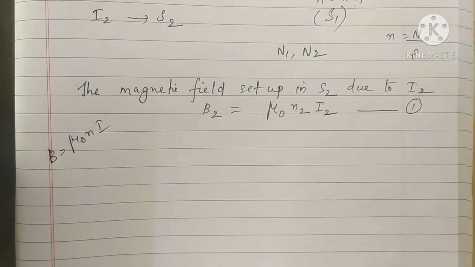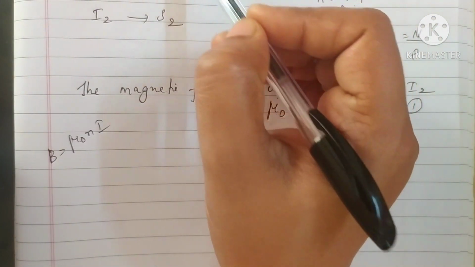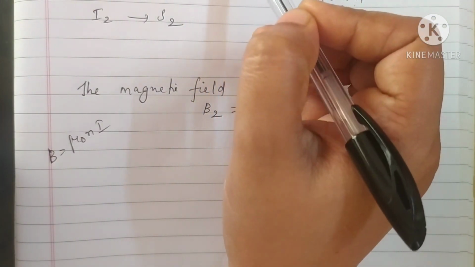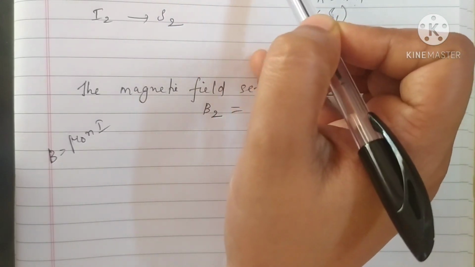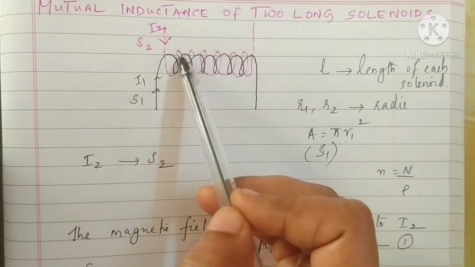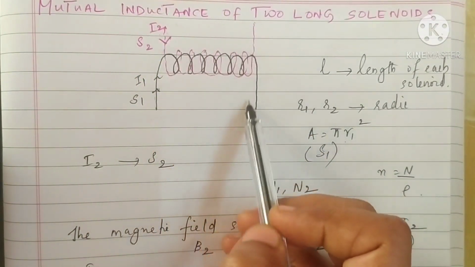Now the total magnetic flux set up in the inner solenoid S1, because when you pass current through the solenoid S2, magnetic flux is produced where? In the solenoid S1, isn't it? So the current passing through S2 will cause a change in magnetic flux in S1.